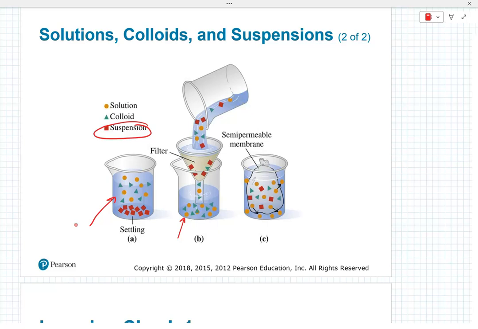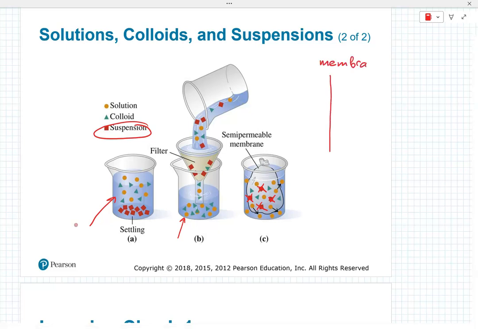But then you put a semi-permeable membrane, okay? What's going to happen with this semi-permeable membrane? The quality of this illustration is not great. So imagine that this is the membrane.